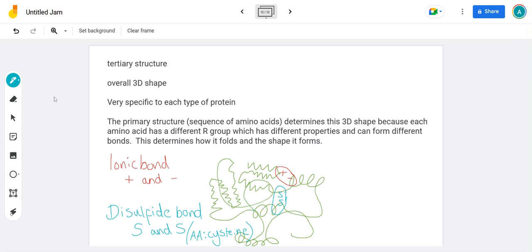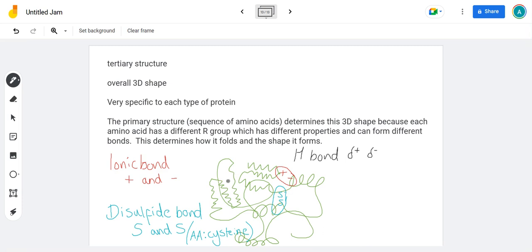The next one we get, as we've come across before, is the hydrogen bond. Hydrogen bonds form between the R groups that have slightly positive and slightly negative properties.